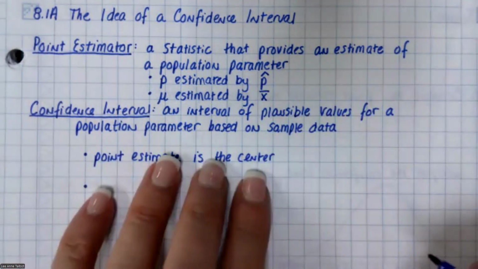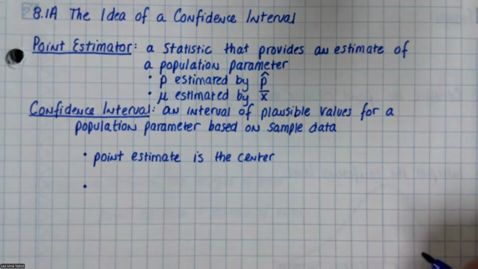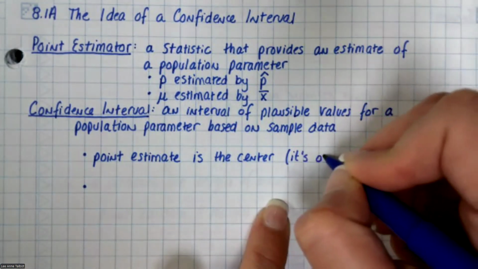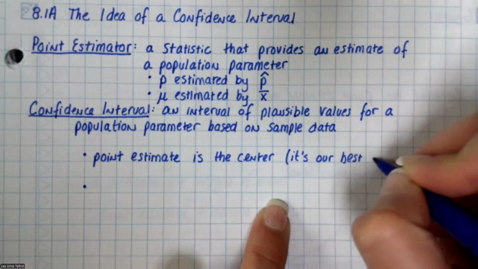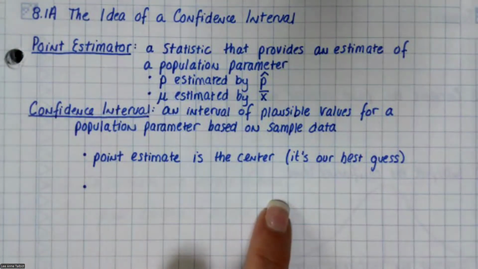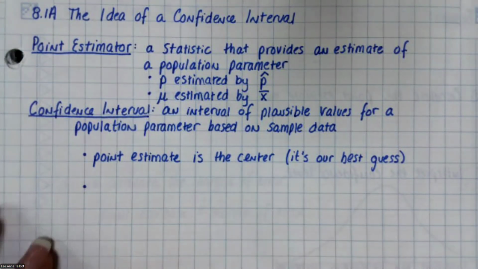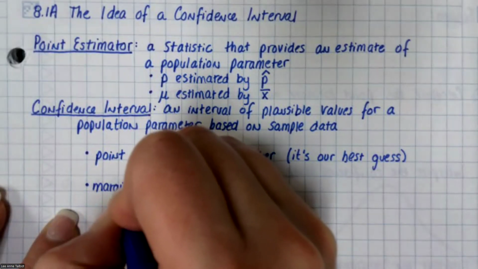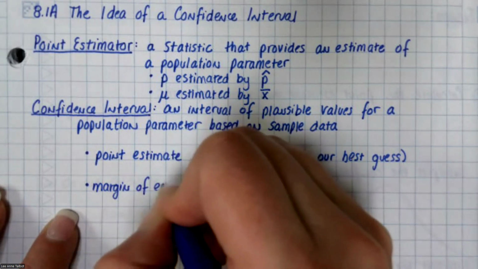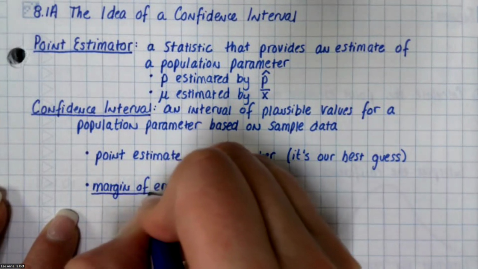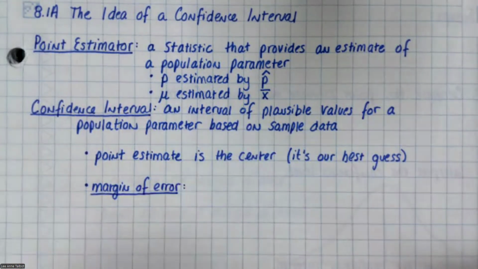And that will be the center of our interval. Okay, and then the other piece of the confidence interval is called the margin of error.